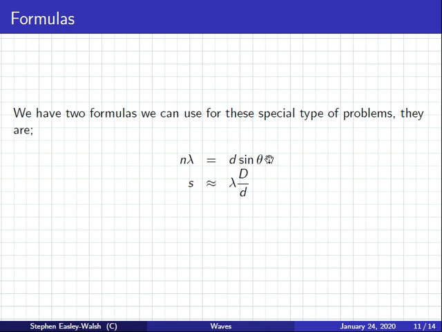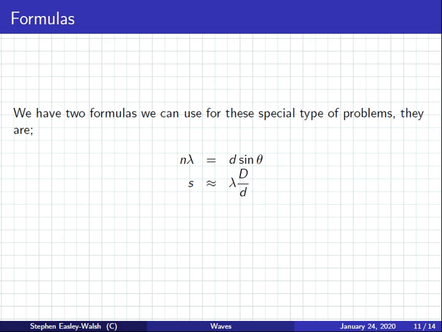And this one here, S, the fringe separation from my picture, equals lambda times the bigger distance over the smaller distance, the distance to the screen divided by the slit distance.